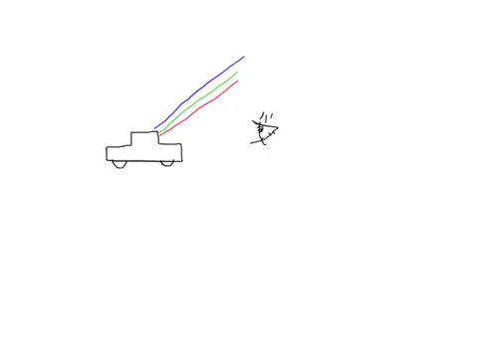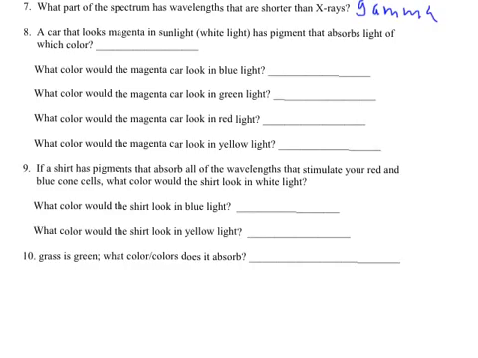So if my eyes see magenta, that's because red light and blue light are going into my eyes, but green light is not. So the answer is this car absorbs green.